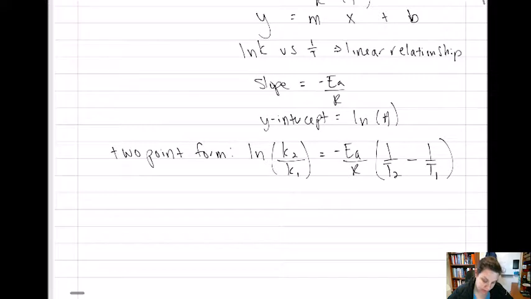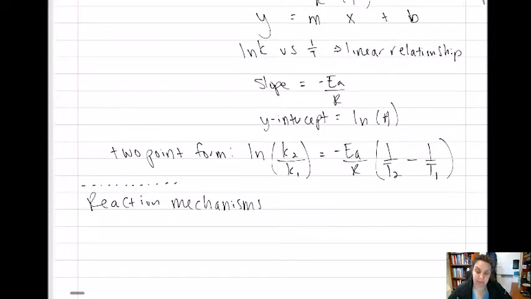Okay, moving on from collision theory, we're going to look at what are called reaction mechanisms. Our reaction mechanisms themselves describe the steps of a reaction.